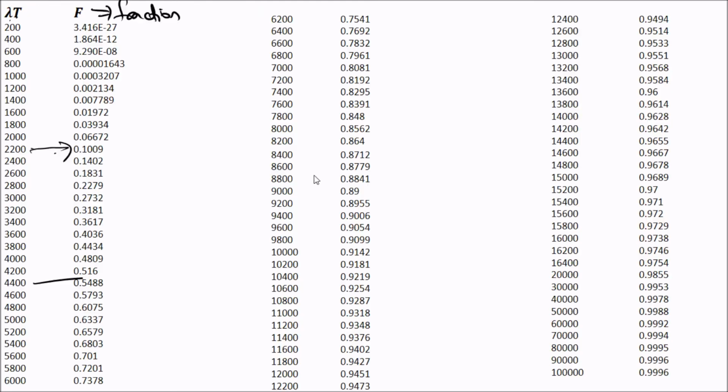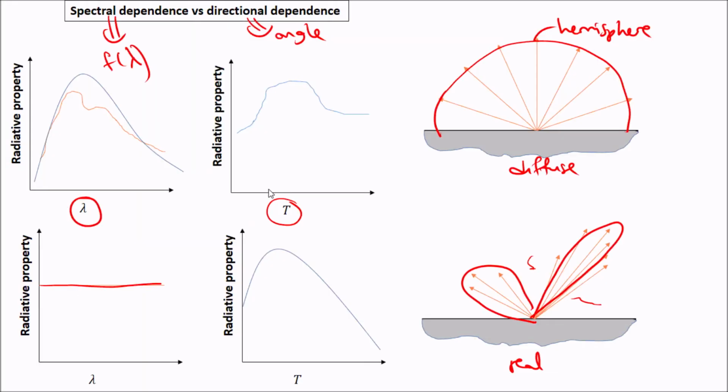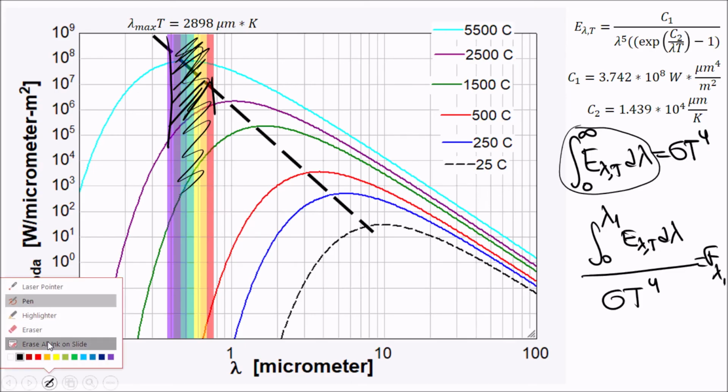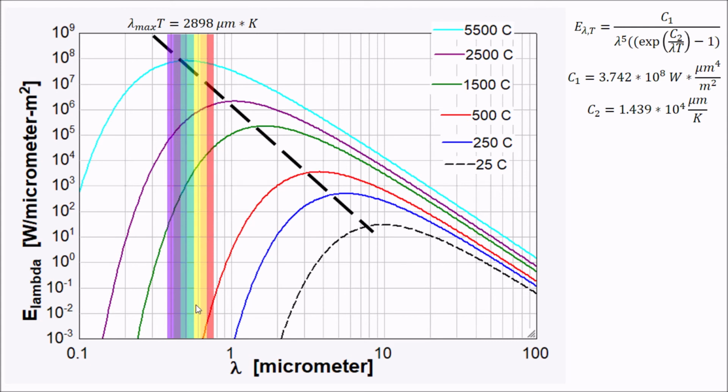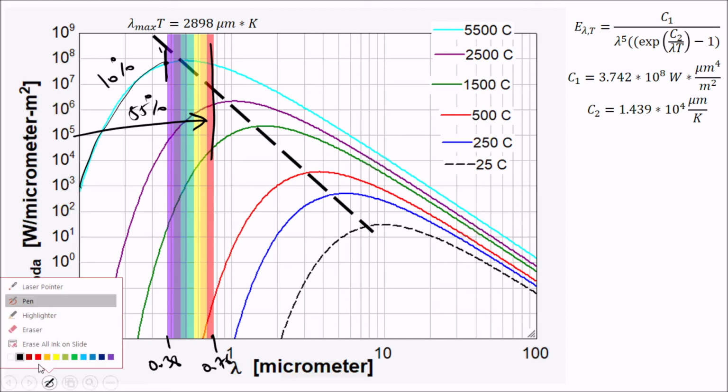So what it means is that if I go back to the chart here again, this part is 0.38 and this part is 0.76, and for the sun chart, until that part is 10%, and until this part is 55%. What I'm doing is that I'm integrating these quantities.